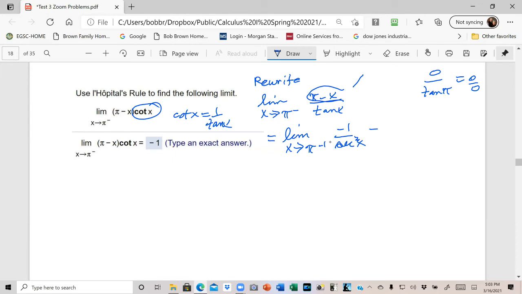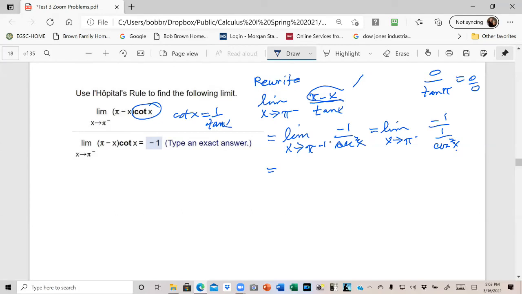So now we're looking at the limit as x approaches pi from the left of minus 1 over, remember, secant squared is 1 over cosine squared of x.